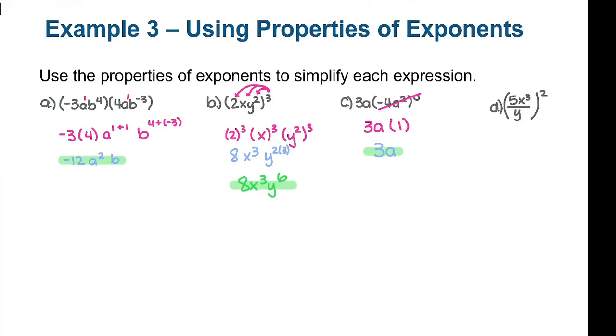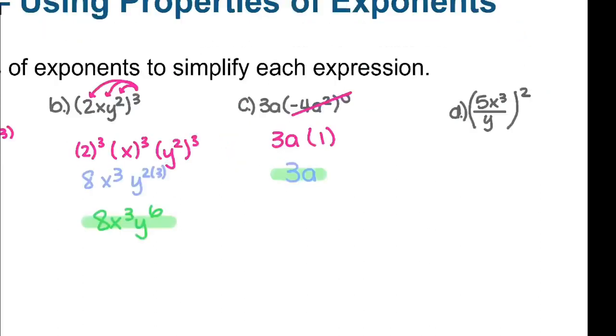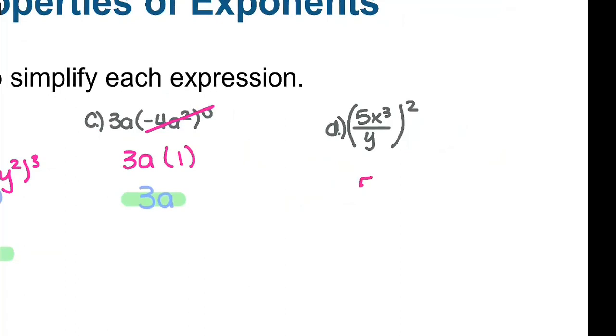For D, we have 5x cubed over y, all raised to the second power. So we're going to raise that numerator, 5x cubed, to the second power, as well as the denominator, y to the second power. Remember on that top, we have 5 to the second power and x cubed to the second power. So we're going to apply this square to both the 5 and the x cubed.